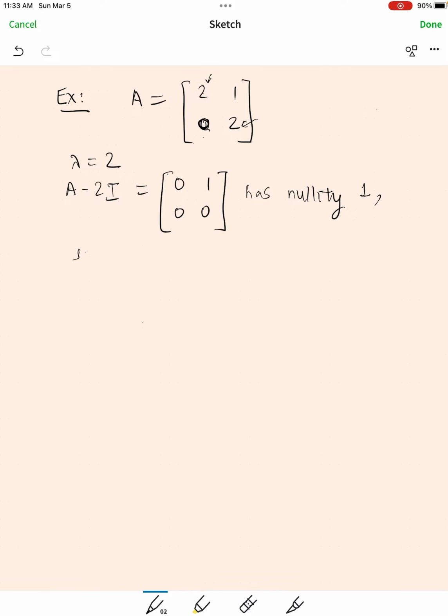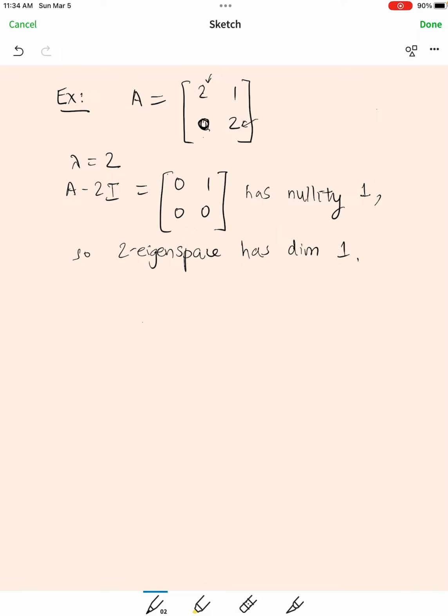So the 2 eigenspace has dimension 1. So remember, the dimension of the 2 eigenspace is the nullity of A minus lambda I. So the nullity is 1, and so the eigenspace has dimension 1.